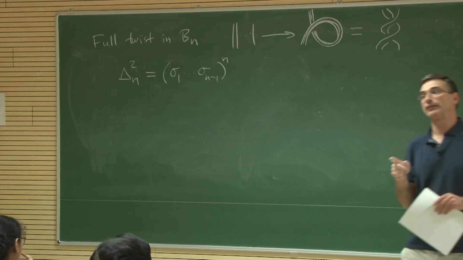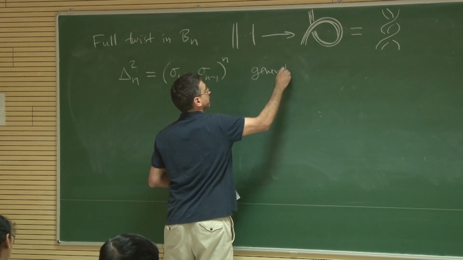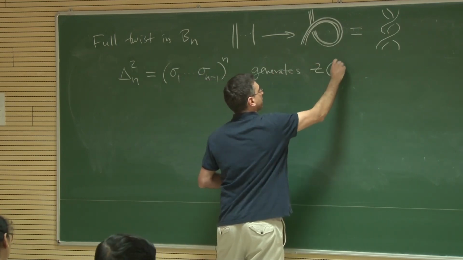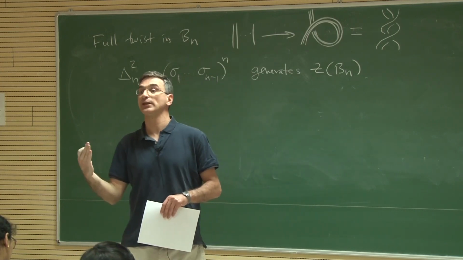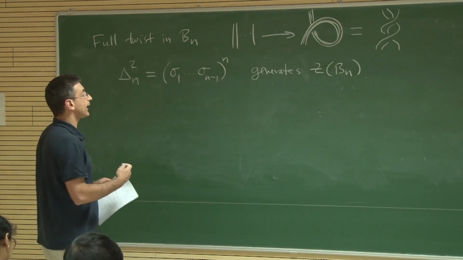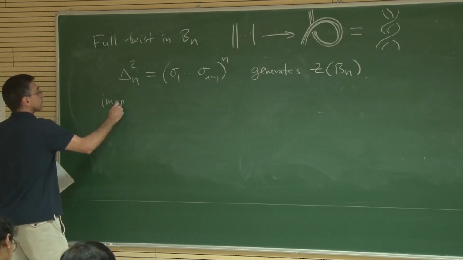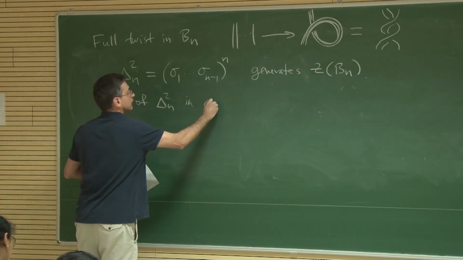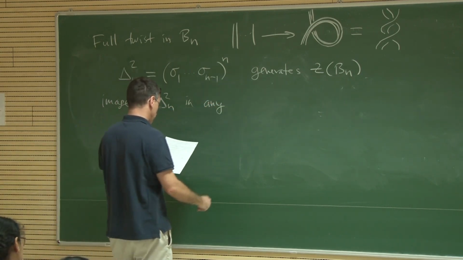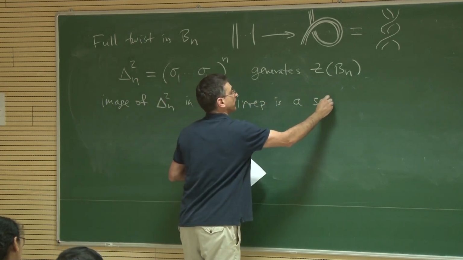The interesting thing about the full twist in the braid group is that it generates the center. Okay? This is the center. It's a central element, and it generates the center of the braid group. And as such, the image of delta, of this full twist, in any irreducible representation is a scalar.